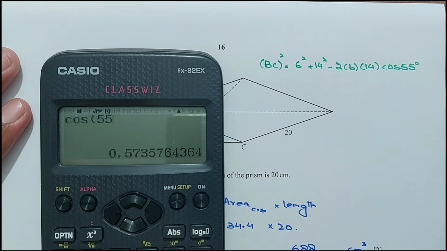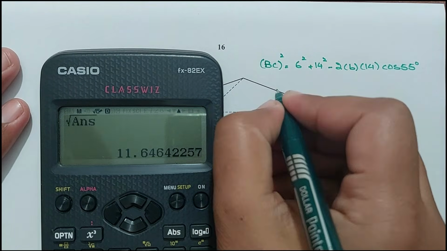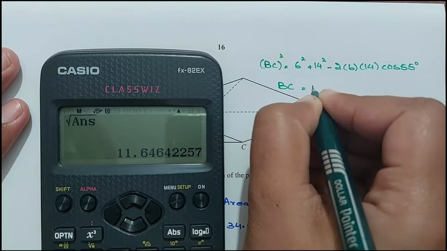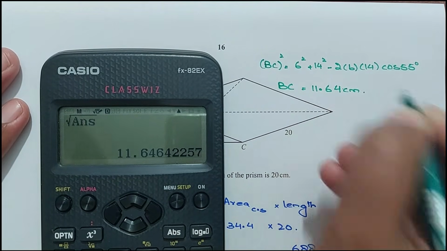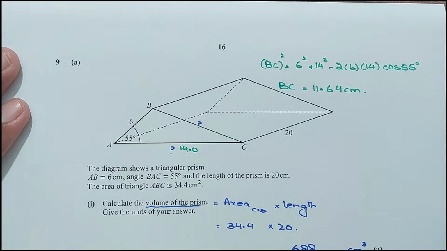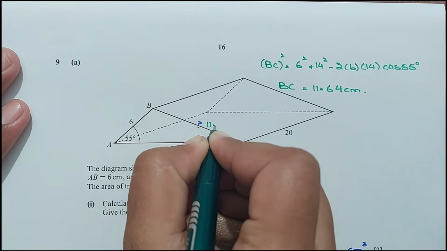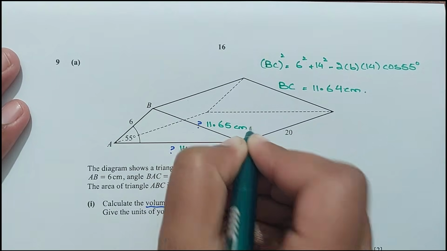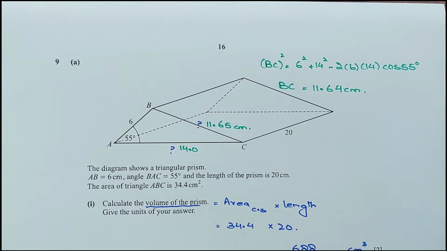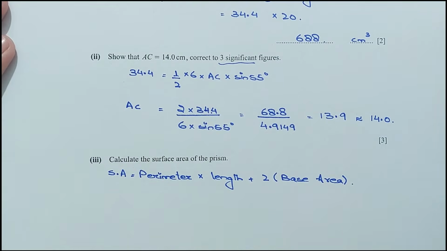Take the square root of the answer, which gives BC as 11.64, rounded to 11.65 centimeters.